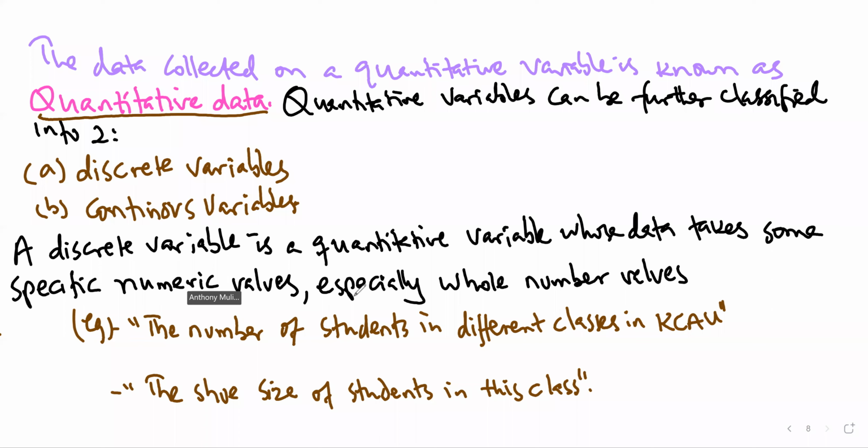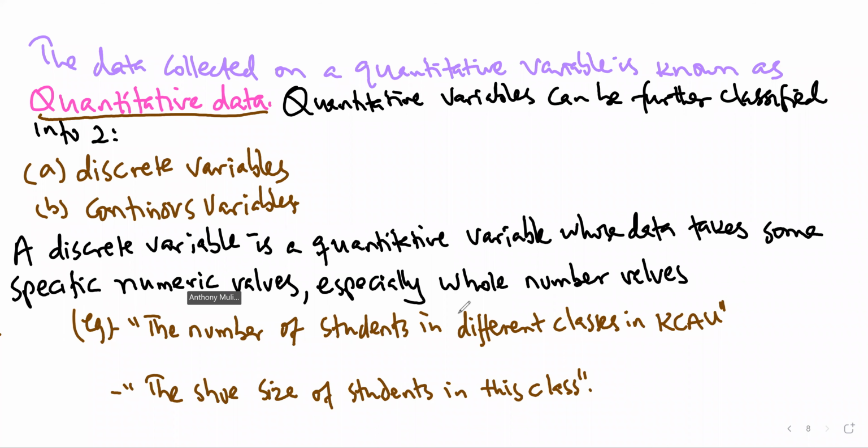Examples of a discrete variable: the number of students in different classes in the university. If you are to visit all the classes in the university and record the number of students attending, then we expect the data you collect to be non-negative values.